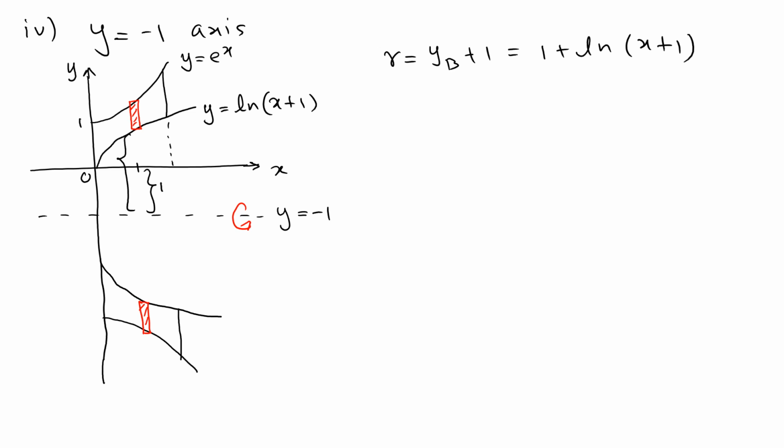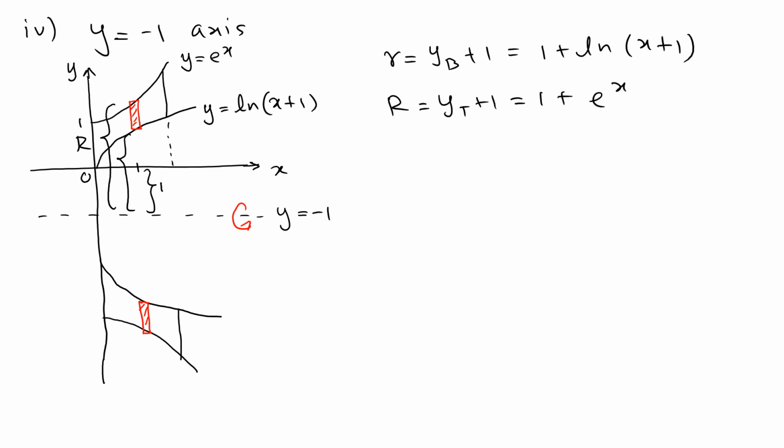Similarly, the large radius is 1 plus the top one, so y top plus 1, which is 1 plus e^x.